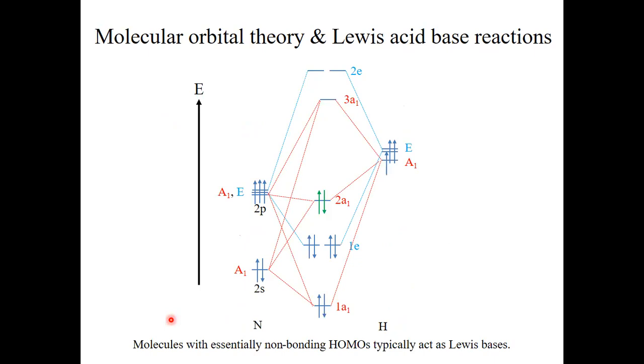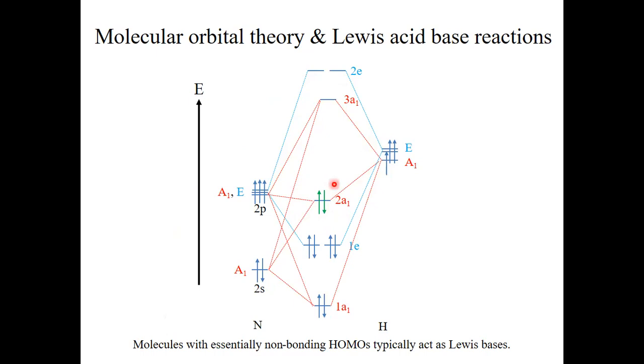A typical Lewis base would be a molecule which has an approximately non-bonding highest occupied molecular orbital. So for instance, the ammonia molecule would be such a molecule. We constructed the molecular orbital diagram of the ammonia molecule, and we have determined that this 2a1 orbital is our highest occupied molecular orbital.